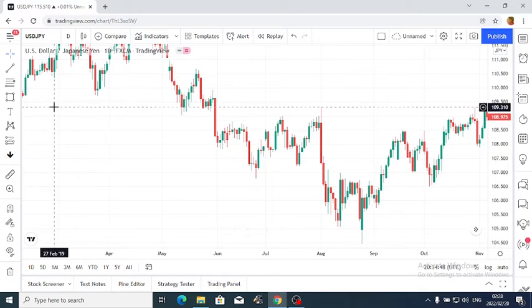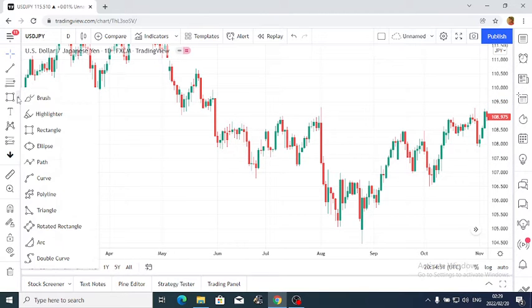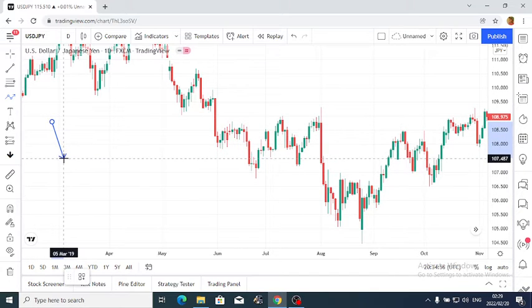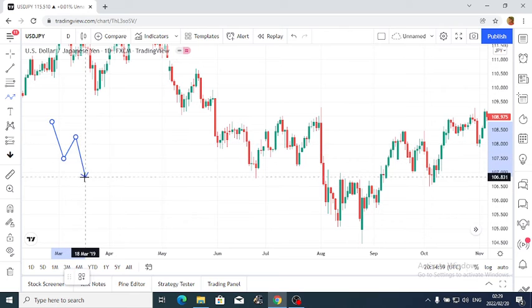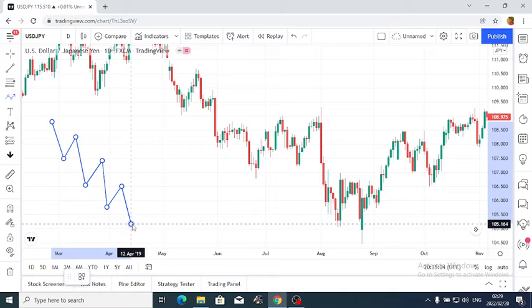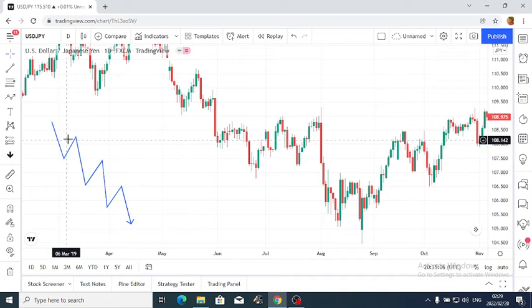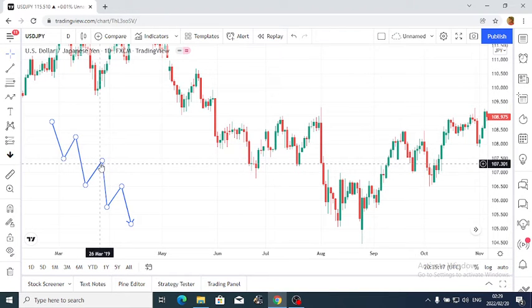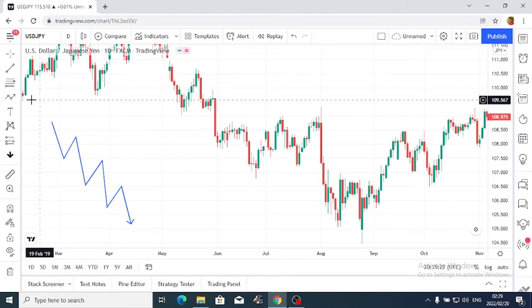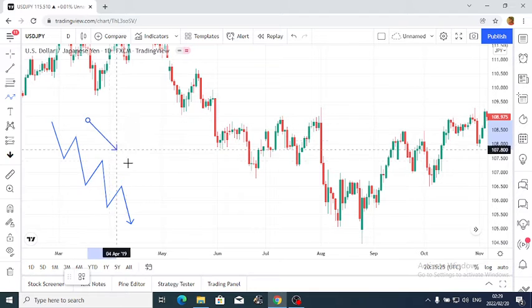So that is just what happens in a market in a trend. If this market is pushing lower, this is a high, this is a low. This low is lower than this one, and this high is lower than this one. So if the market is pushing lower, it is going down overall, right?